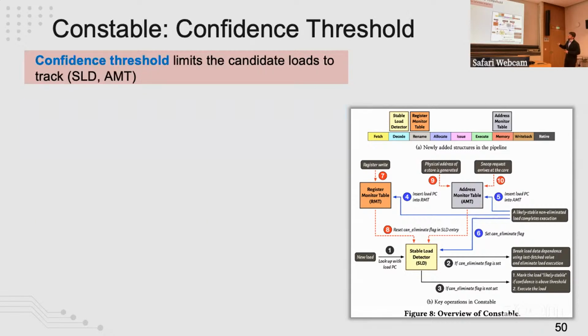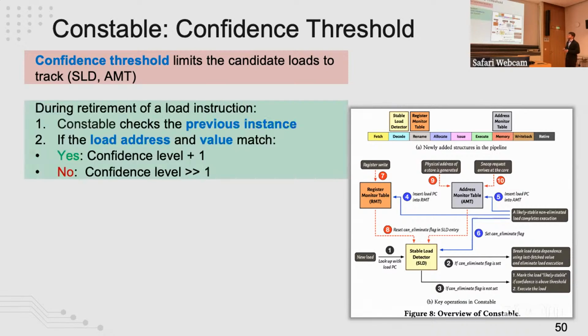I also mentioned something about the confidence threshold. This confidence threshold is a mechanism that limits the candidate loads to track inside the Constable structures, mainly the AMT and SLD. Of course, we cannot track every access to all the memory addresses, and we need a way to limit the loads that we care about.